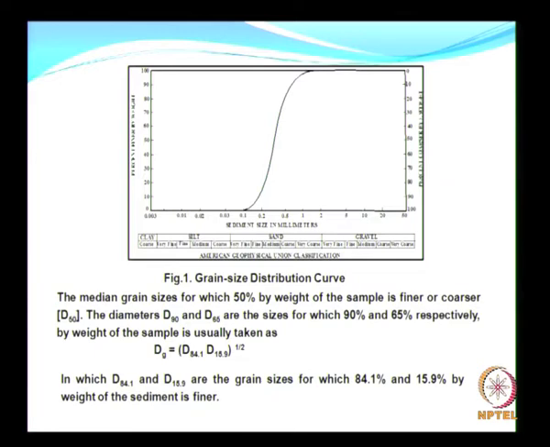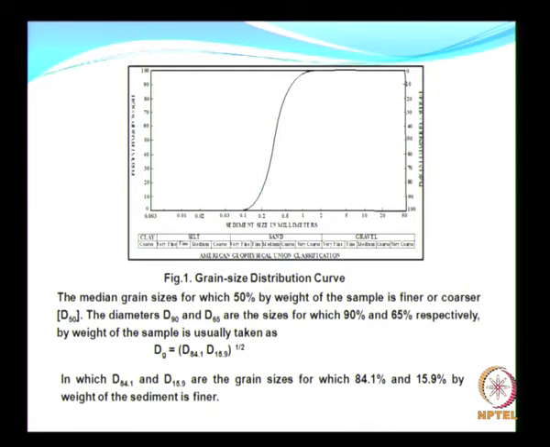Is that clear? So this kind of curve representation of the grain size is extremely important for coastal engineering practice, and even for our general civil engineering structures.